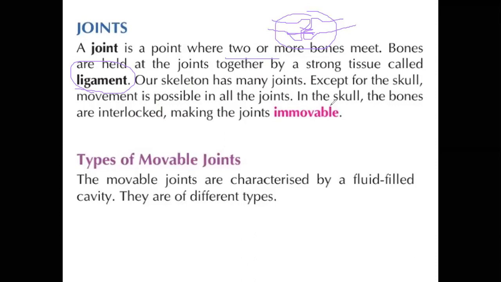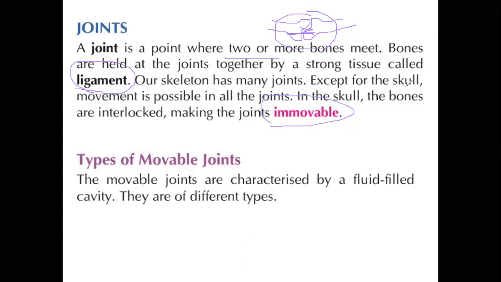In the skull, the bones are interlocked, making the joints immovable. So generally we have movable joints and immovable joints. Movable joints are found all over the body.